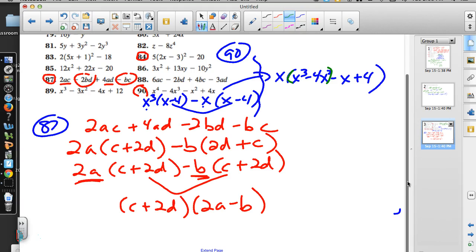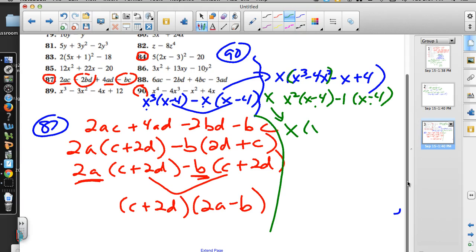So we group these two together, still have that x coming along, and that would be x squared times x minus 4. And then in the back, like I said, we could pull out a -1, and that will give us the x minus 4 that we need. So we have this x, we have x minus 4, and then we have x squared minus 1.